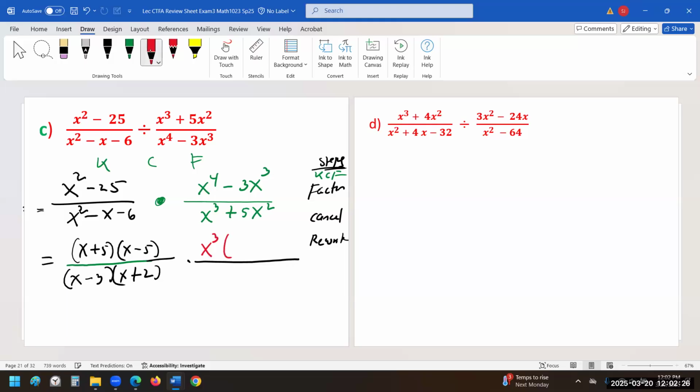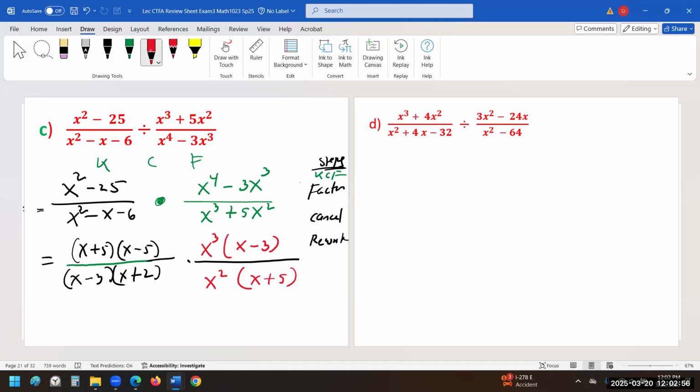So when you factor out x cubed, what is left? x, and then minus 3. On the denominator, we have 3 power and 2 power. So which one? Square. What is left? x, and then plus 5.